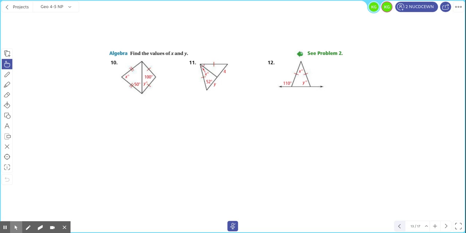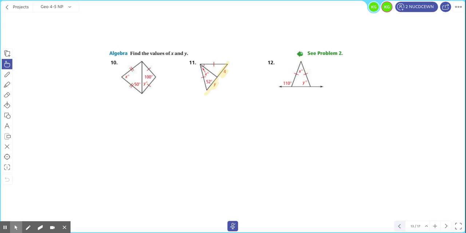Also, you'll see number 11 there is asking you about these two lengths. Let me highlight them really quick. Remember what we learned about the isosceles triangles, if you have an angle bisector, what did we say? We didn't use it, but we talked about it. What is true about those two lengths?